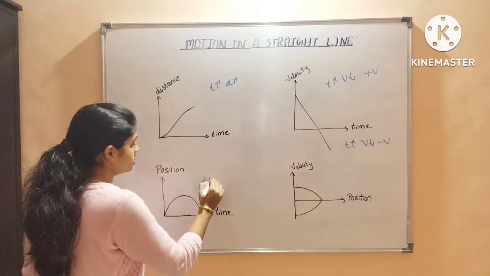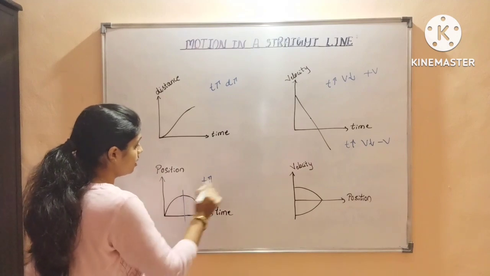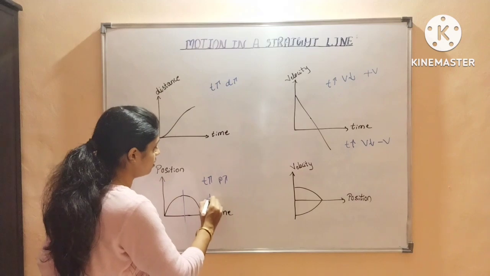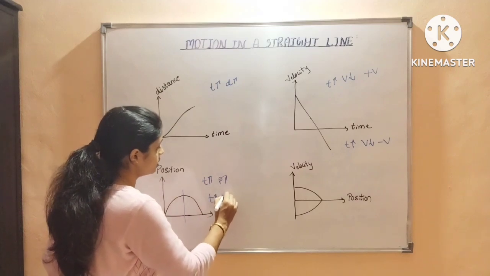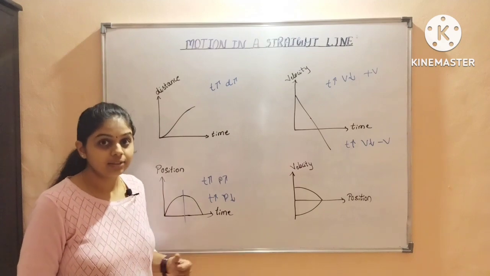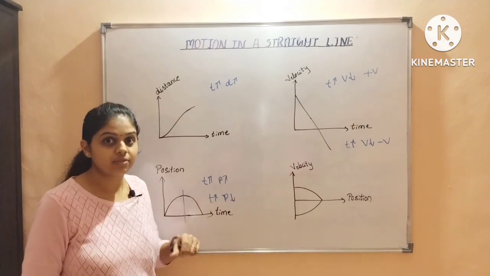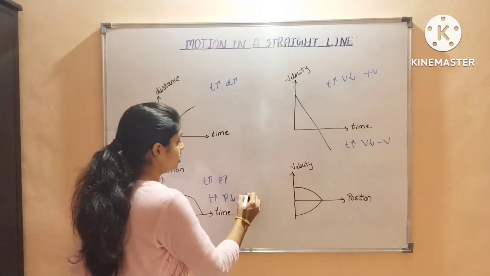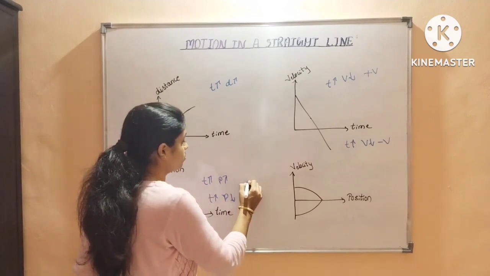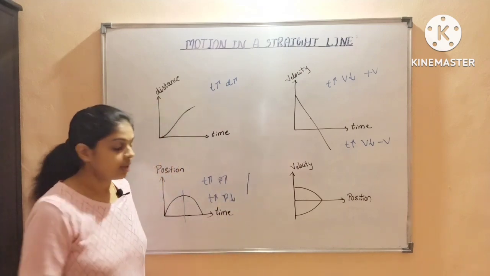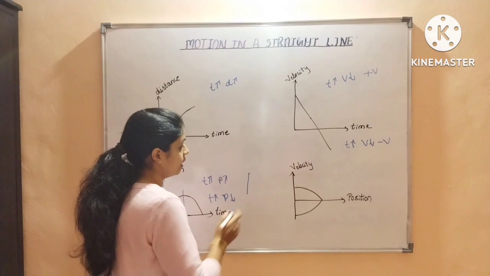As time increases, let's consider this part. Position is increasing here. And in this part, as time increases, position is decreasing. So again, this graph represents the situation when the body is thrown upward, correct? Because when the body is thrown upward, as time changes, position is increasing when the body is moving in upward direction.